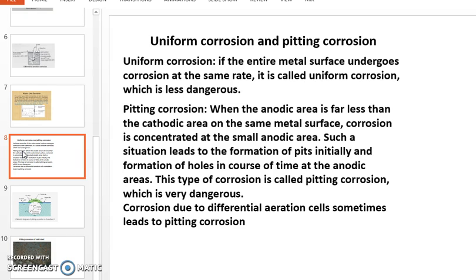When the anodic area is far less than the cathodic area on the same metal surface, corrosion is concentrated at the small anodic area. Such a situation leads to the formation of pits initially and formation of holes in course of time at the anodic areas. This type of corrosion is called pitting corrosion, which is very dangerous.